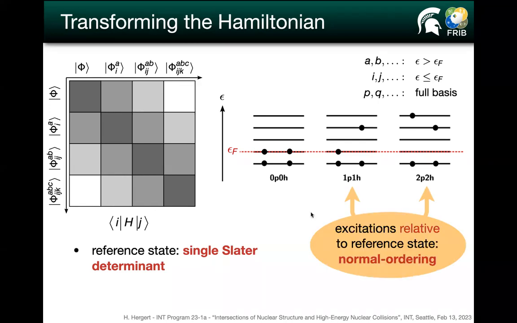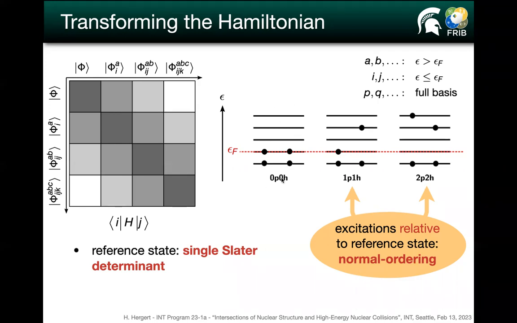Now, the basis, by organizing in terms of these particle-hole excitations, is amenable to a technique that we call normal ordering. So in principle, you build in some information about the particular nucleus that you're trying to describe by selecting this reference Slater determinant, which is some approximation to a many-body state of that nucleus, right? It will have the same number of nucleons, the same number of protons and neutrons.